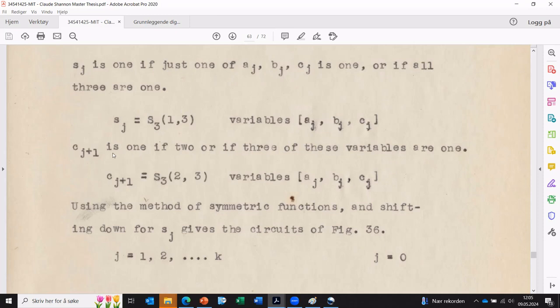And we have a carry for the next j plus 1 if this function gives us 2 bits equal to 1 or 3 bits equal to 1. That means Aj, Bj, Cj, 2 of them are equal to 1 or all 3 of them are equal to 1.